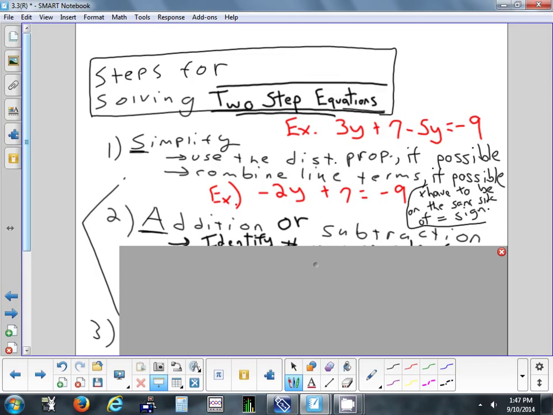If they're not on the same side, you can't do it. Not possible.